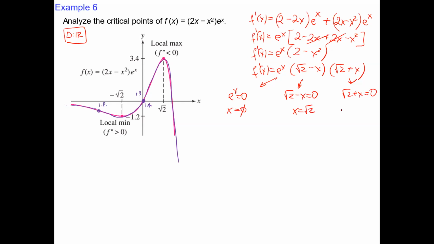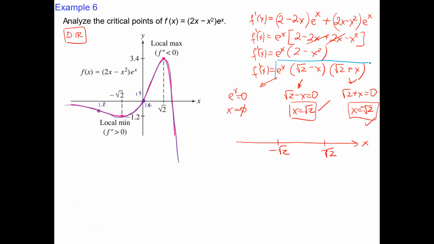This is giving me positive and respectively negative square root of 2. Of course, we see on the graph, both of them are in the domain of the function. We may try to look at the test. We will test the first derivative.